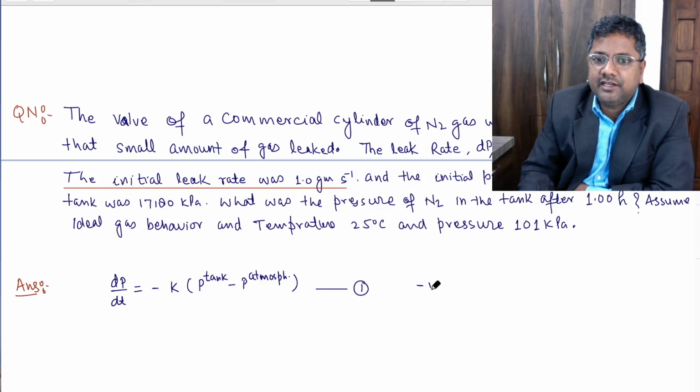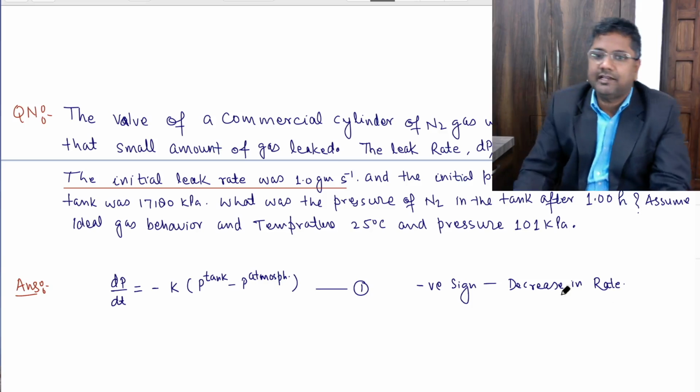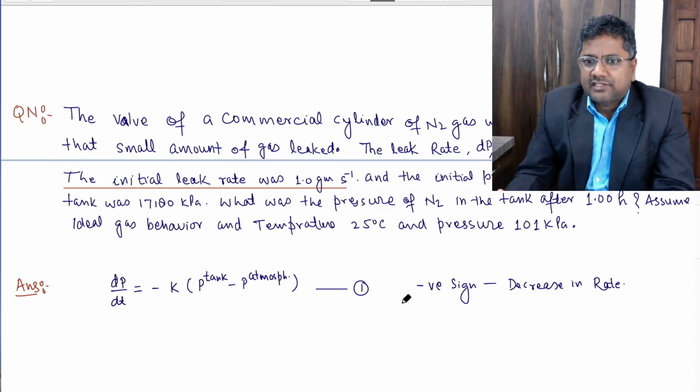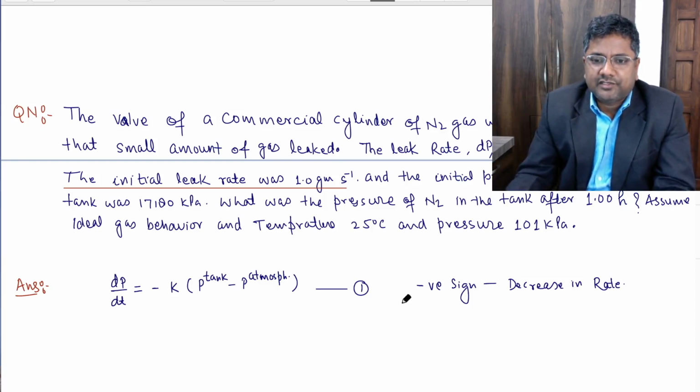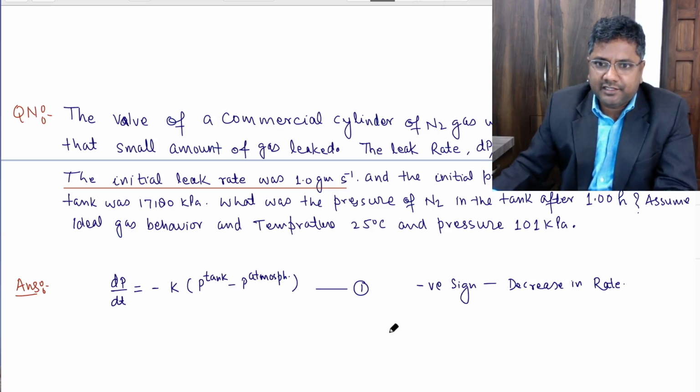Once the gas starts leaking, the pressure of the system will decrease, and therefore the rate will decrease, right?